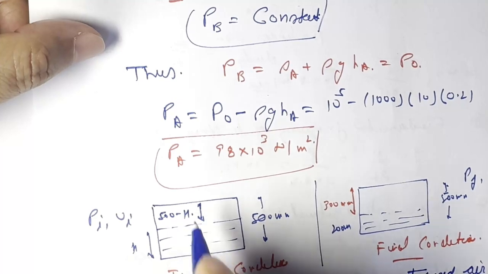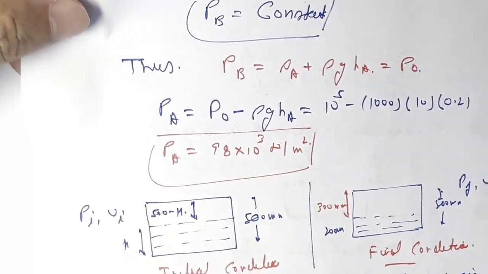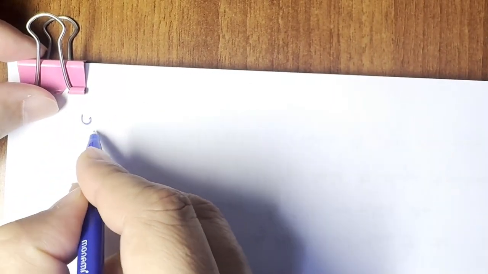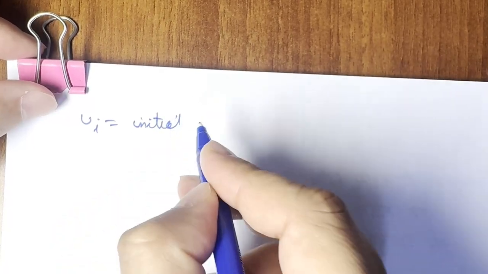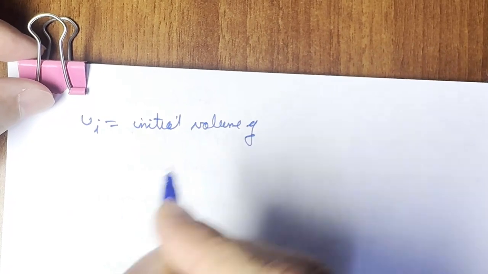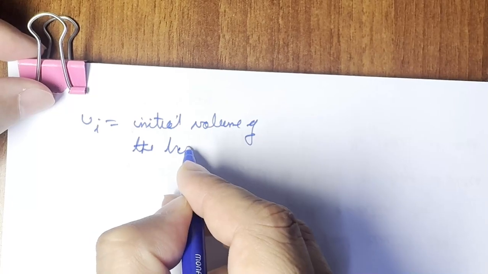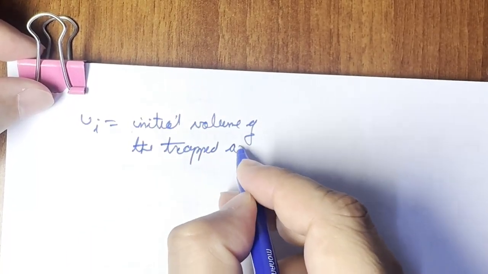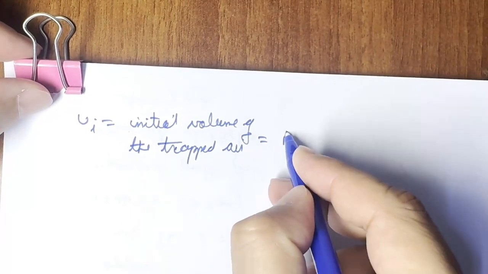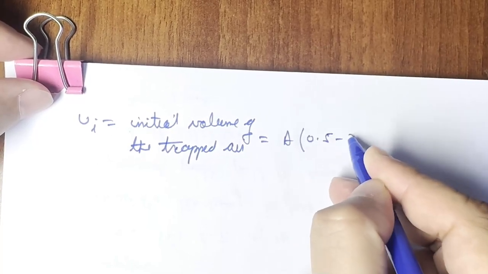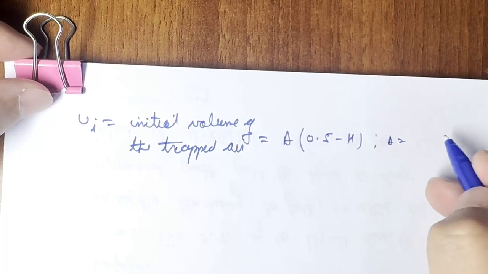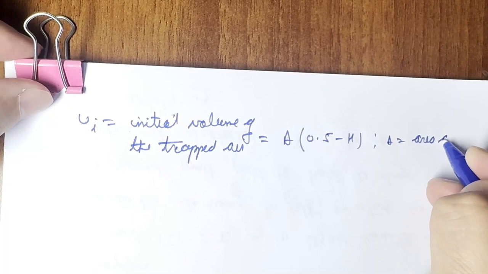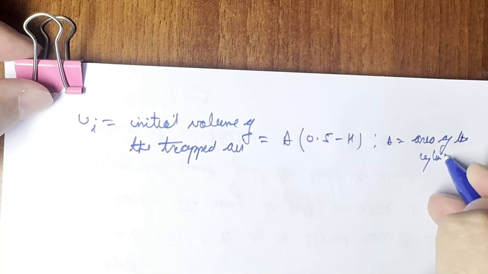This is 500 minus h, because we are interested in only the trapped air. So Vi, the initial volume of the trapped air, will be equal to A multiplied by 0.5 minus h, where A is the cross-sectional area of the cylinder.